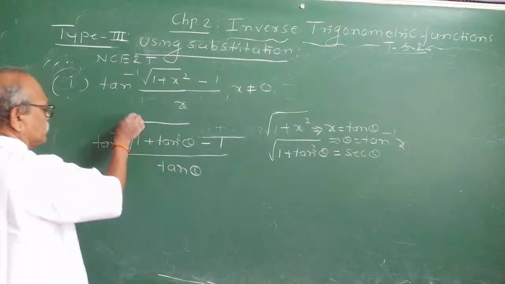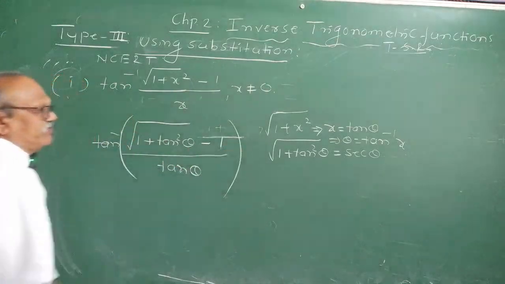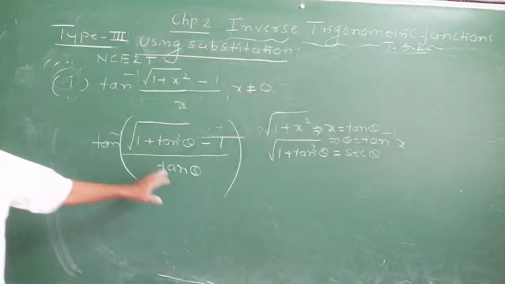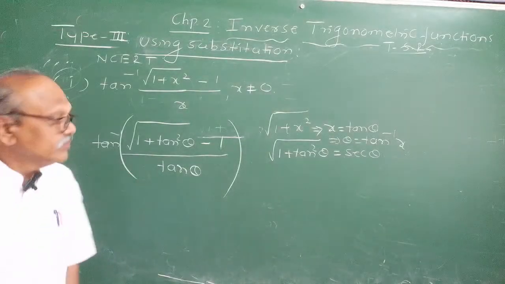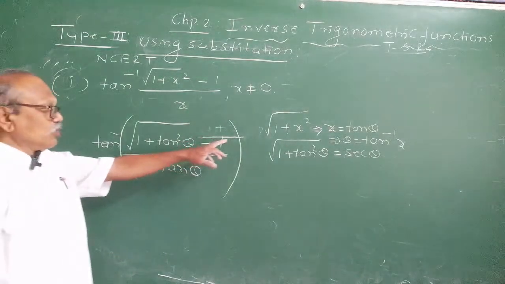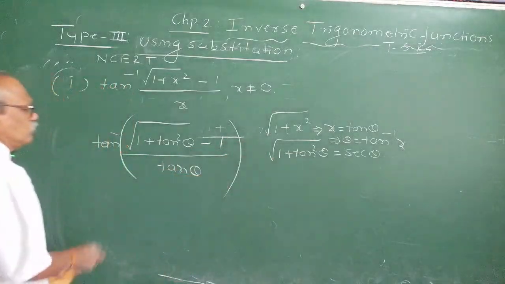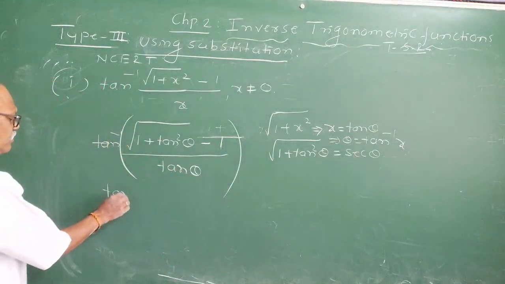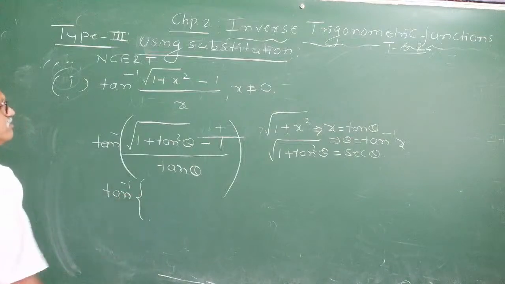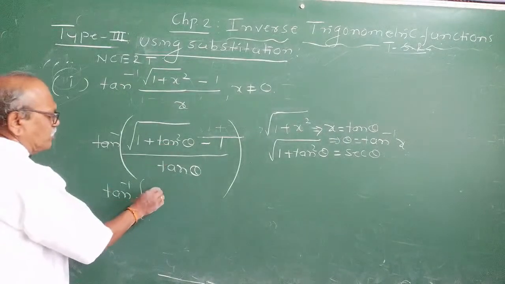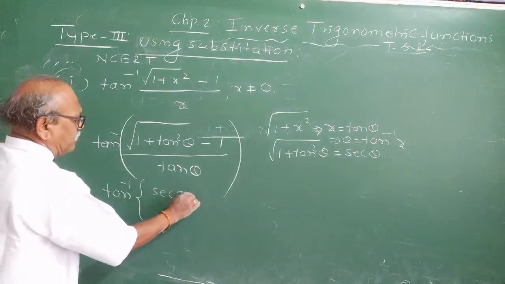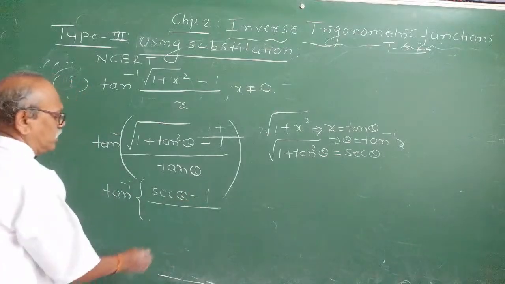Let us put this substitution and simplify. This is called the method of substitution. Now the root should be eliminated. Root of 1 plus tan square theta is sec theta, so you are left with tan inverse of (sec theta minus 1) upon tan theta.